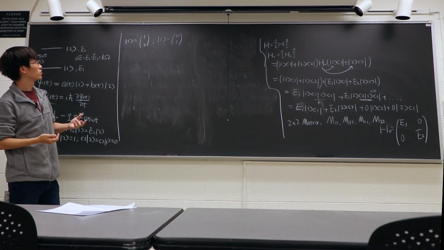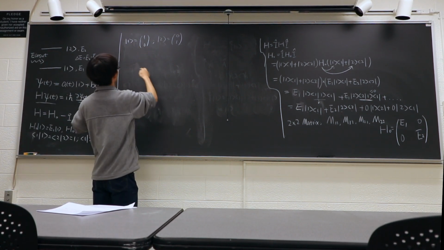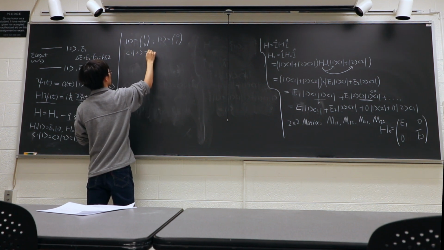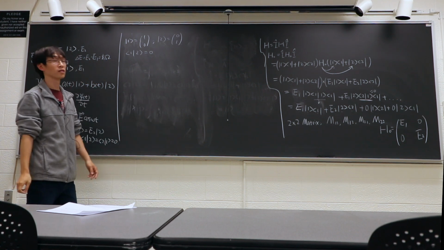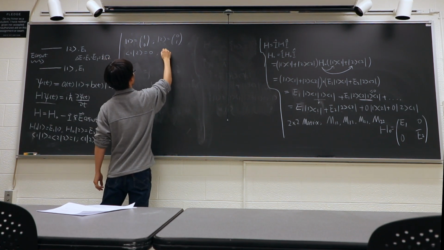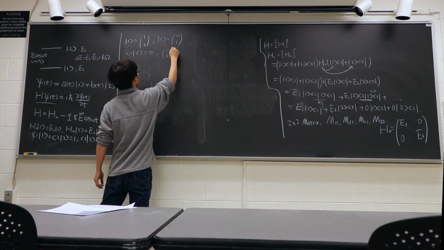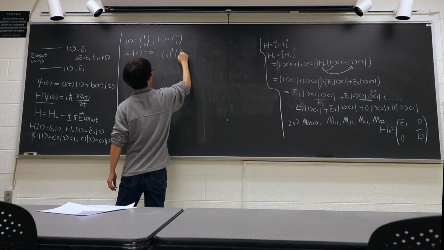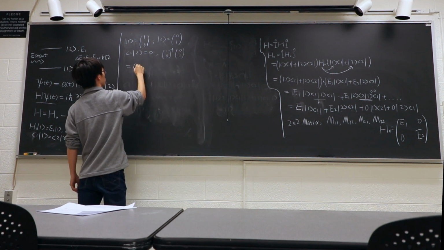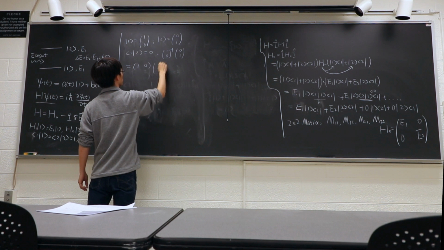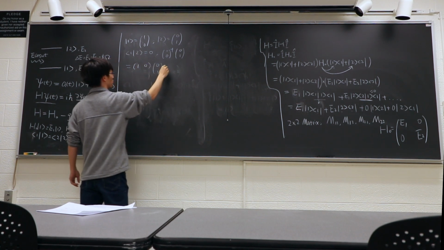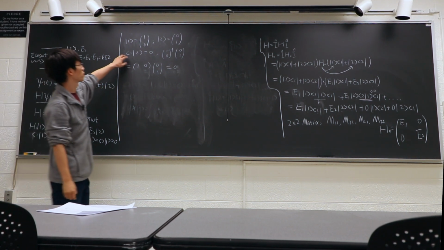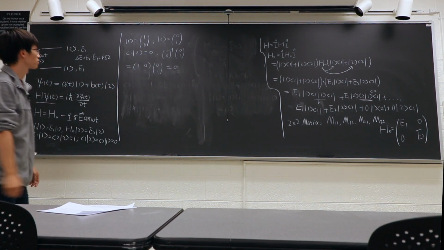And it's easy to show that when these two, first when they do this, it's 0. Because what you're typically doing is you take this, you do a dagger times this. This gives you 1 0 times 0 1, which is 0. So left bracket, you just rotate it.